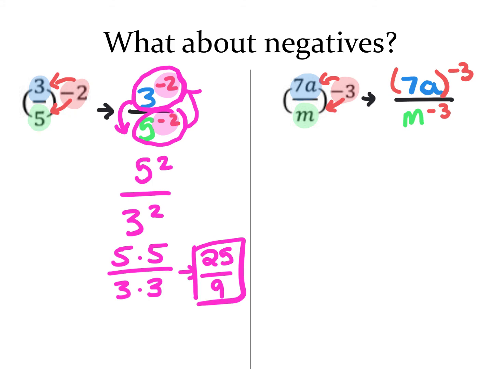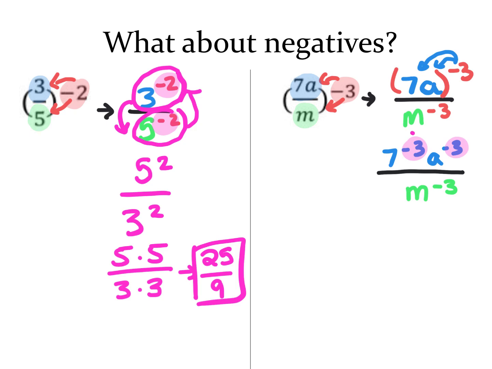Now when I simplify, in the numerator we know that 7a to the negative 3rd is really distributed to the a and the 7. So it becomes 7 to the negative 3rd, a to the negative 3rd. And the denominator can't be simplified, so it's m to the negative 3rd. Now what we should notice is that in the numerator, these both have exponents of negative 3.